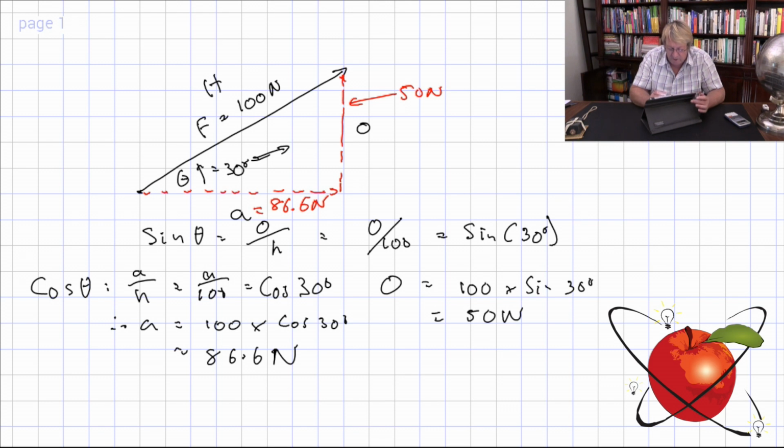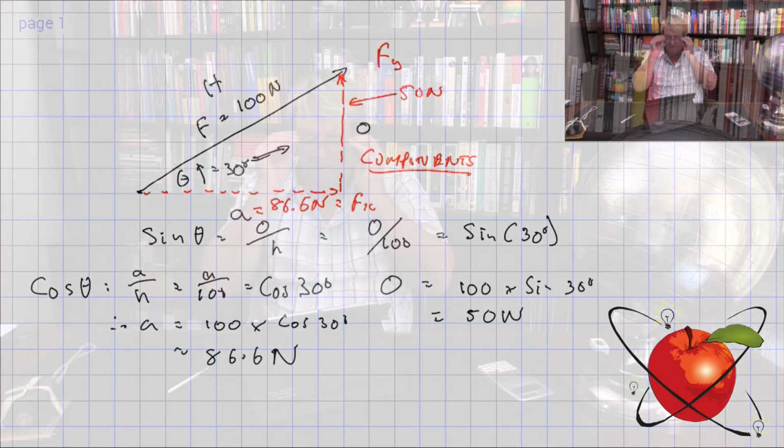This one here you can see is in the y direction, isn't it? We call this one Fy. This is in the x direction, this is Fx. Fy and Fx are called the vertical and horizontal components. In other words, what is a component? A component on a bicycle or a car is something that fits into it.